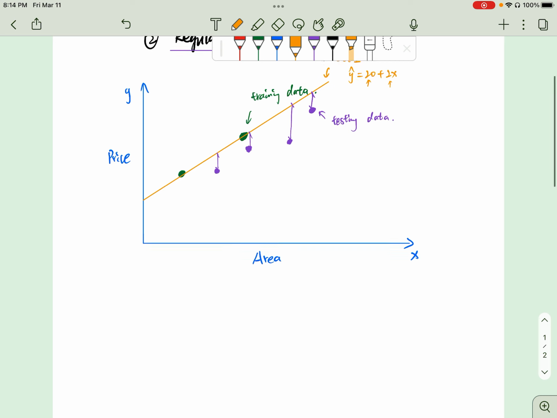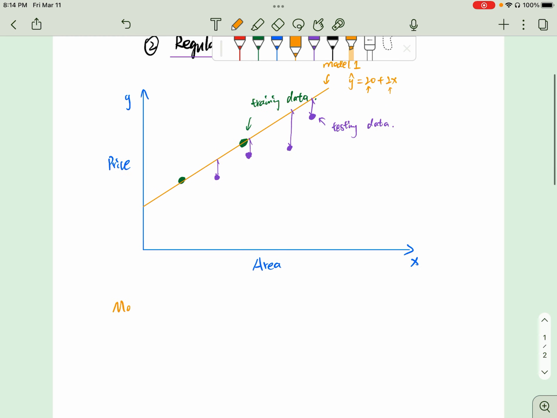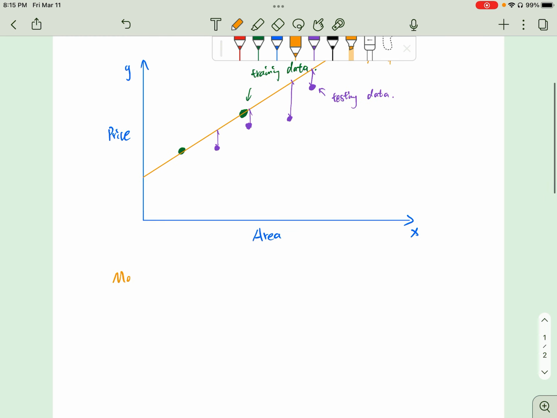So let's write something here. Let's draw some conclusions on model 1. Model 1, we know this is an overfitting model.